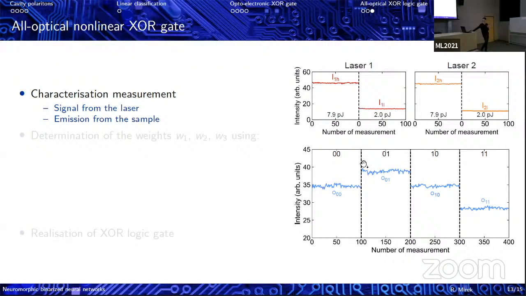This is the intensity which is giving us the nonlinearities. To use them, we need to connect the output with the intensities of the laser, which are weighted in some way. And this learning process is only to learn what the weights are.